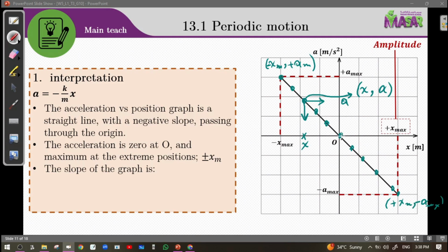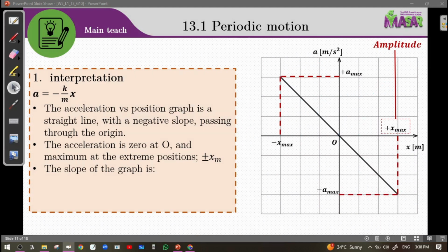Now at the origin, we have 0, 0. The acceleration will be 0 at the origin as well as the position. But why is the acceleration 0 at that position? Because we know that at the equilibrium, the tension force will vanish.